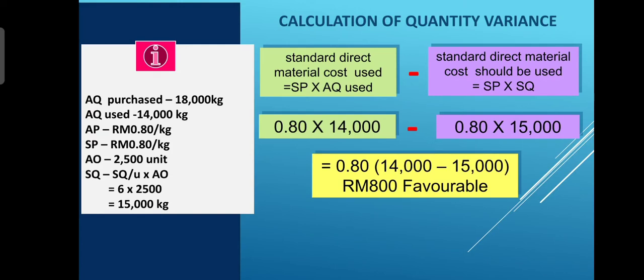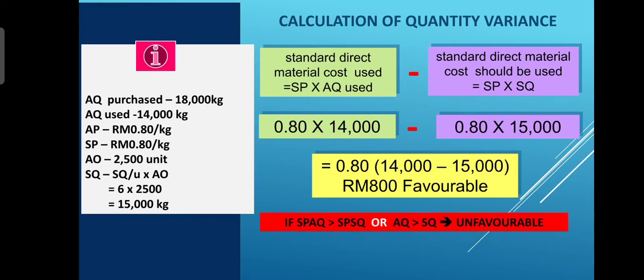SP is RM 0.8, AQ used is 14,000 kg and SQ is 15,000 kg. SQ is SQ per unit times actual output, 6 times 2,500, that is 15,000 kg. And now you get the quantity variance RM 800 favorable. Why? Because AQ is less than SQ.